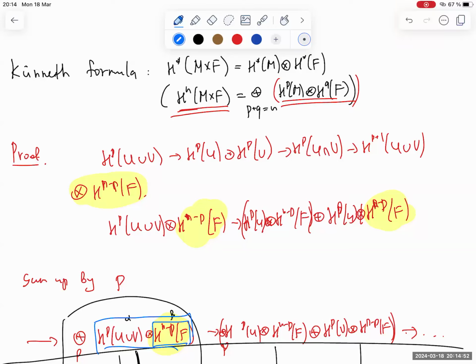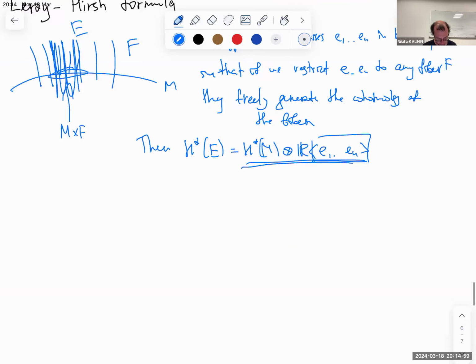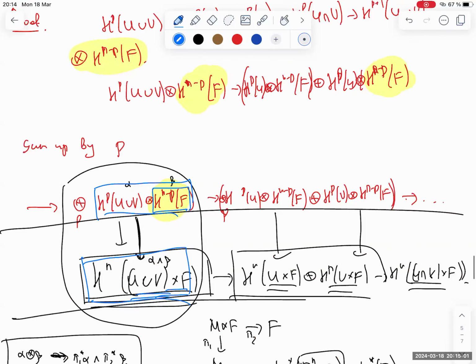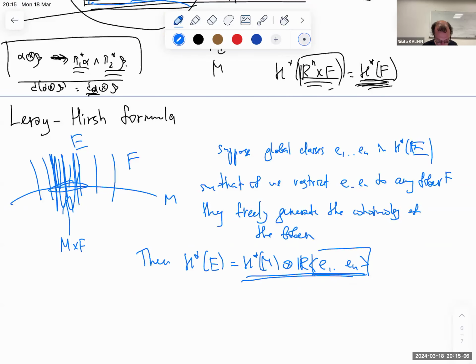For the Leray-Hirsch formula, I don't think it's true. I think it's false. Let's see. So that's a reasonable question. It seems that indeed for Leray-Hirsch it should not preserve the product.